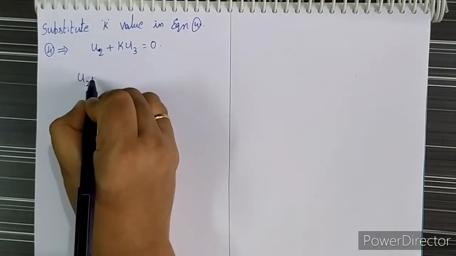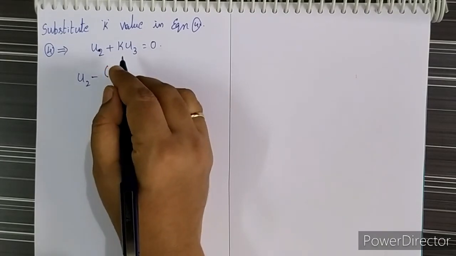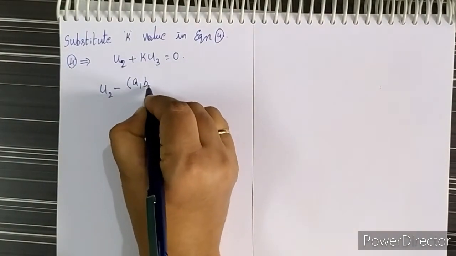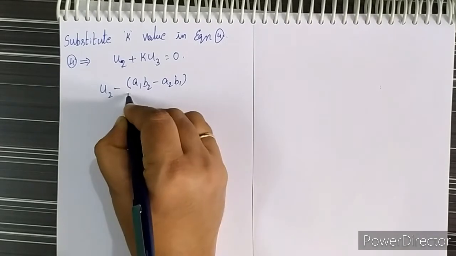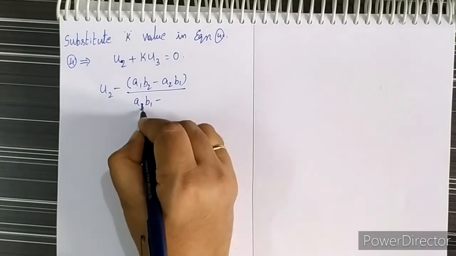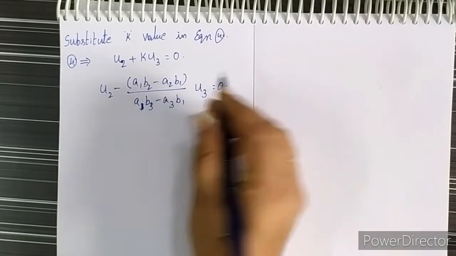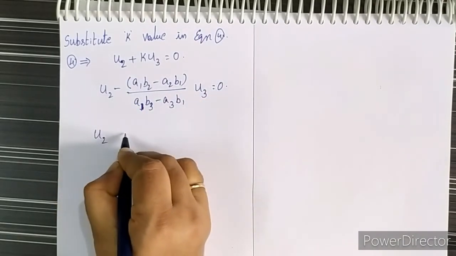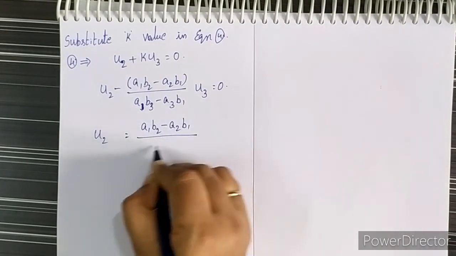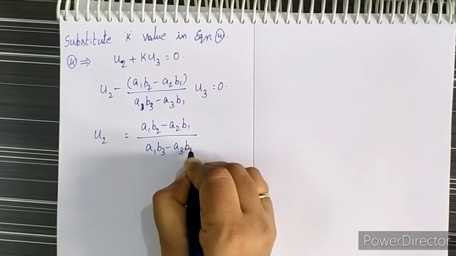Then u2 plus minus of (a1 b2 minus a2 b1) by (a1 b3 minus a3 b1) into u3 equal to 0. Taking all values to the other side, u2 equal to (a1 b2 minus a2 b1) by (a1 b3 minus a3 b1) into u3.